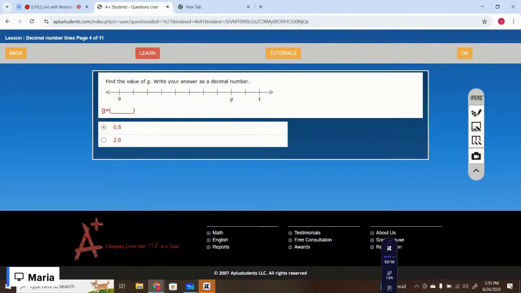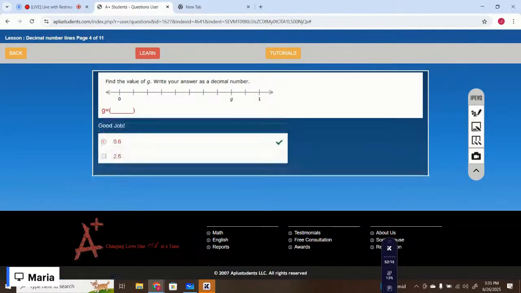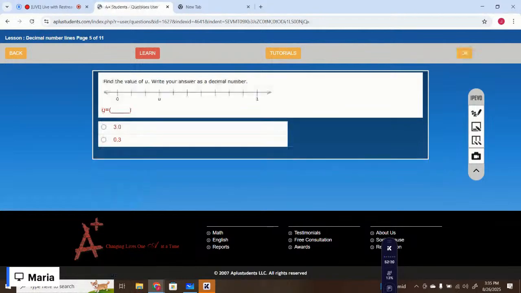Option number 1 is the correct option. Find the value of u. That is 0.3. Option number 2 is the correct option.